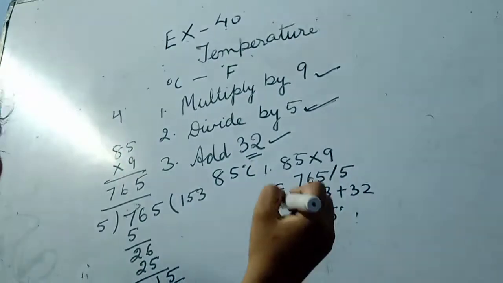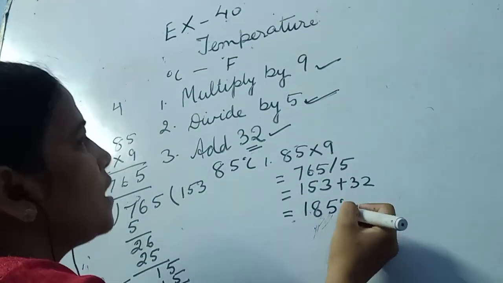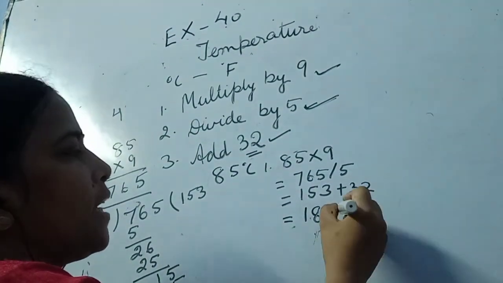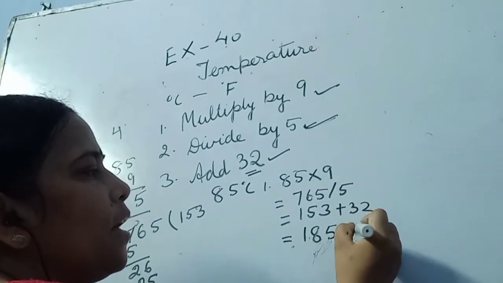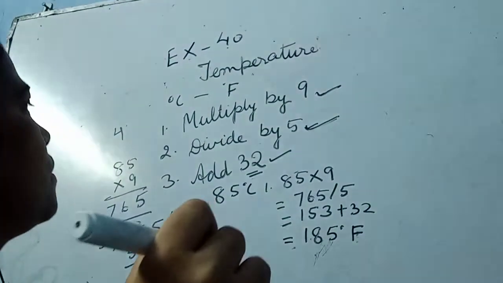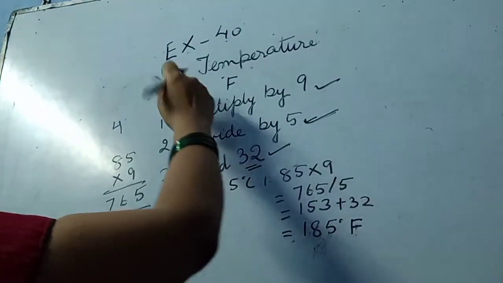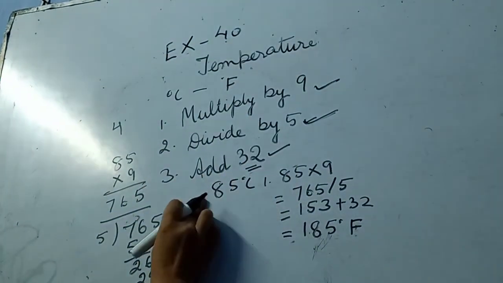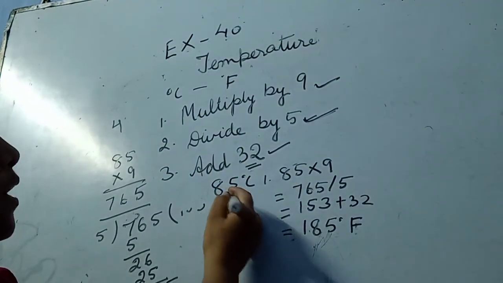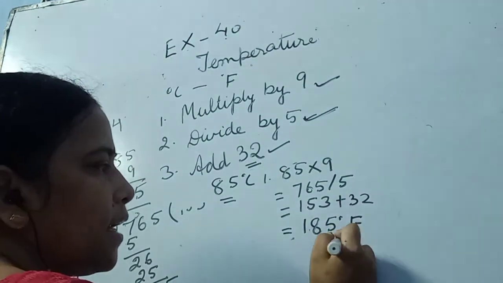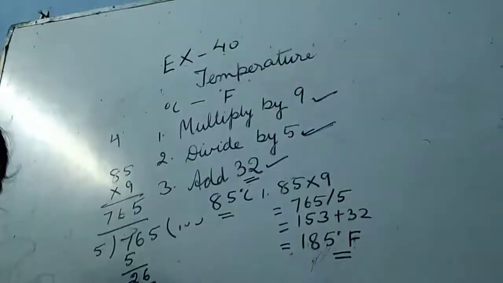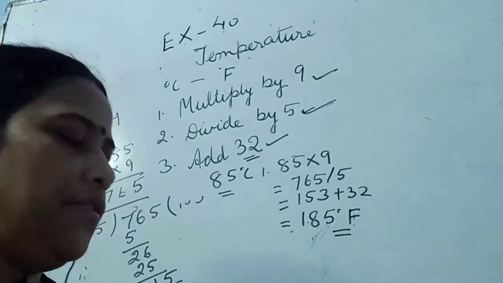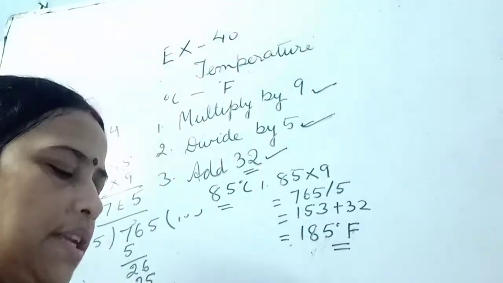This will be your degree Fahrenheit. So when you convert 85 degrees Celsius into degree Fahrenheit, you will get 185 degree Fahrenheit. Now question number 5.